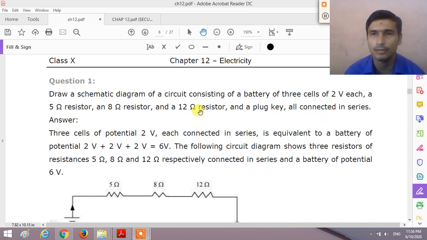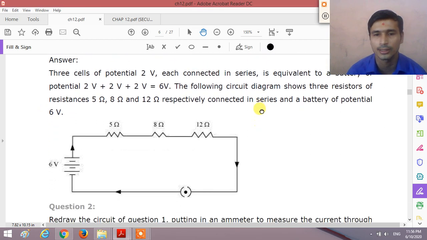So now we are required to draw only the circuit diagram which contains the 3 cells of 2 volt. That means the potential is 2 plus 2 plus 2, that is 6 volt. A 5 ohm resistor, an 8 ohm resistor and a 12 ohm resistor and a plug key are all connected in series. So how do we draw a series connection of resistors?